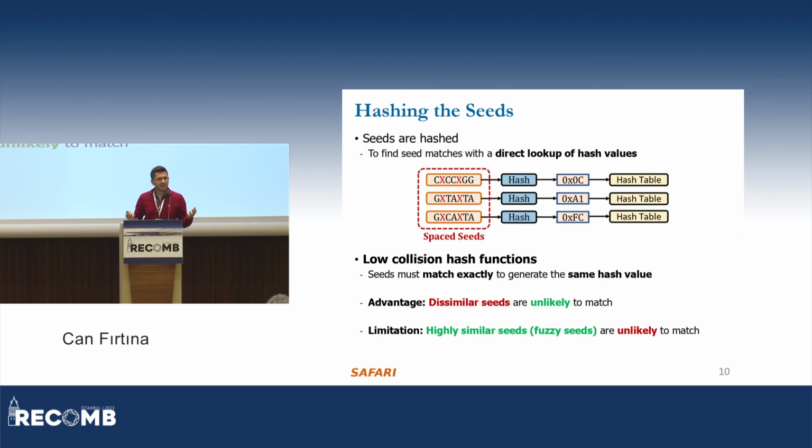And of course, this is very advantageous, because then we're not assigning the same hash value to dissimilar seeds. But there's also one particular limitation: we also cannot find highly similar seeds, which we call fuzzy seeds, using these low collision hash functions, because they are unlikely to match.